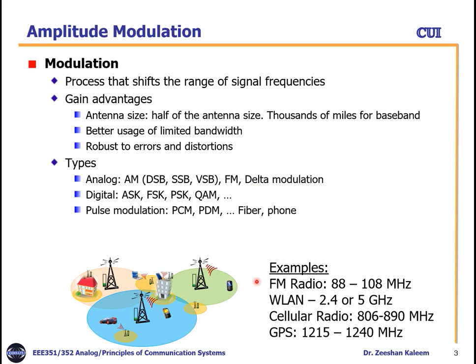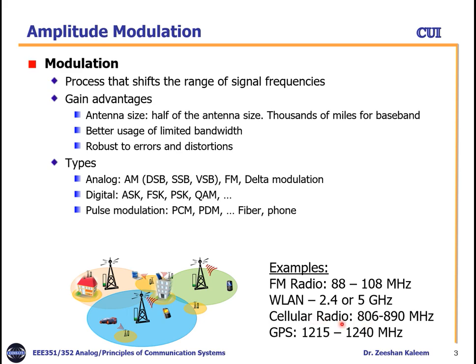These are some examples of modulated signals. Like the FM radio that we usually listen to at home or on the way, the frequencies start from 88 megahertz and go up to 108 megahertz. Similarly, wireless LANs have a carrier frequency of 2.4 or 5 gigahertz, which is also a higher frequency.